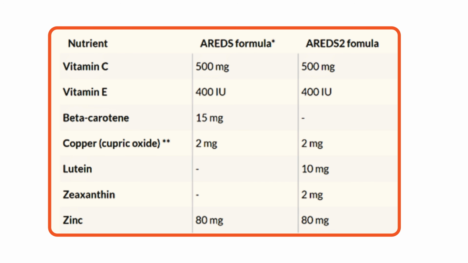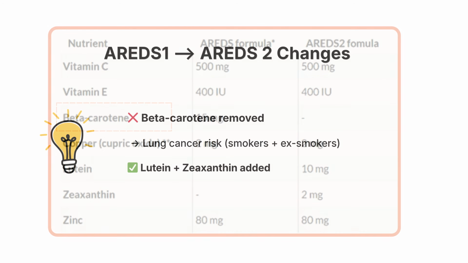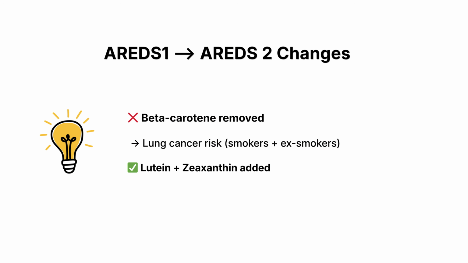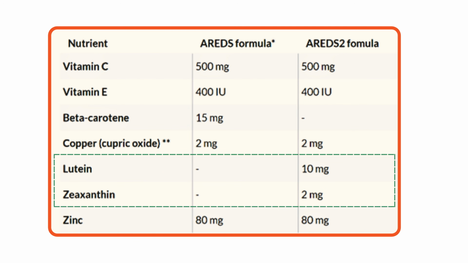The biggest issue was with beta carotene. It was part of the original formulation, but it was found to increase the risk of lung cancer, not just in smokers, but even in former smokers. So what happened? It was removed and replaced by lutein and zeaxanthin. They are safer and probably more relevant for macular protection as well.